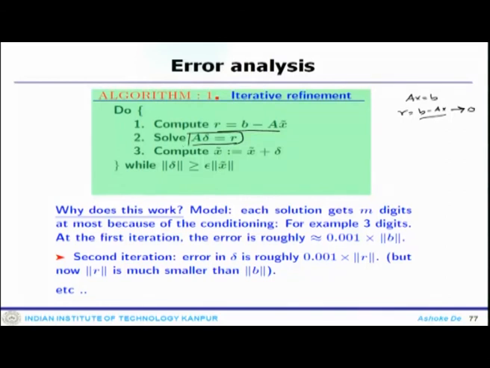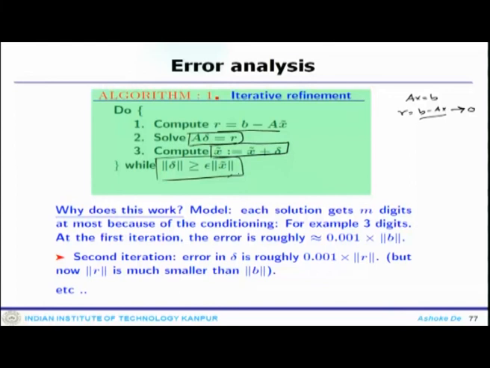Now, what you are solving here is the approximated system A delta equals r. Once you get delta, you update your approximated solution by x tilde plus delta, while the norm of delta remains within a bound, epsilon times the norm of x tilde.